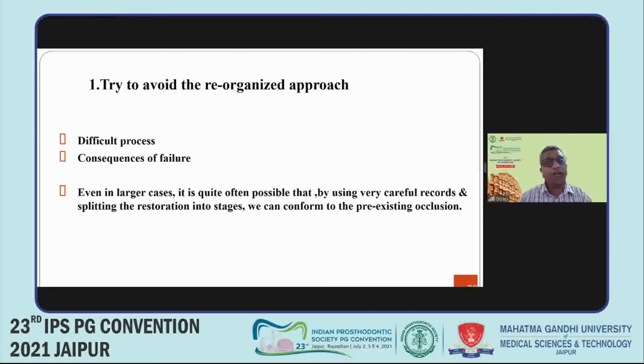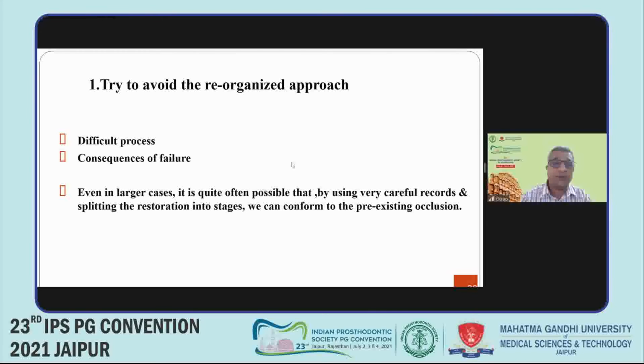Even in large cases, as long as you see that there is a strong intercuspal position the patient can rely upon, where he can be comfortably provided with an occlusion in the intercuspal position he is already habitually directed to, then of course you can use an index technique and conform to it.